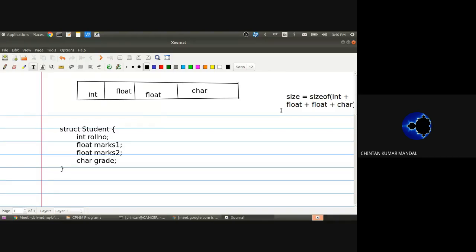Well, it is not written exactly like that, but the total size will be something like this. Sir, 13 bytes? 4 plus 4 plus 4 plus 1. Yes sir, 13 bytes.